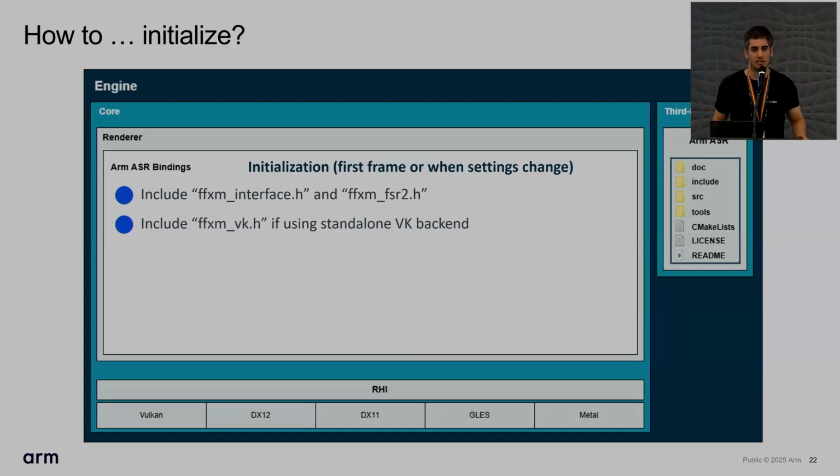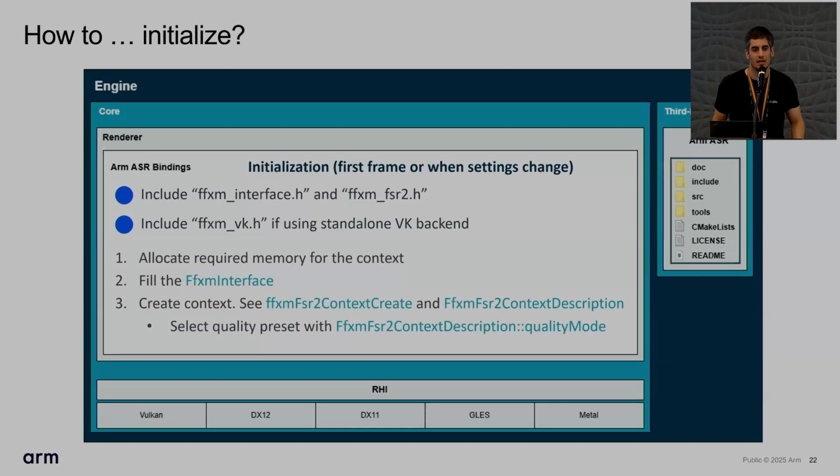You would start by including these files, the ffxm_interface.h and fsr2.h. If you're using the standalone backend, you might want to include the VK header equivalent as well. And initializing things is pretty straightforward. Just allocate the required memory for your context, and fill the FFXM interface with some function pointers for the callbacks there.